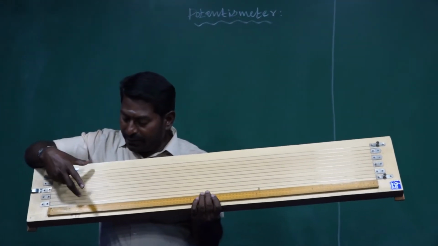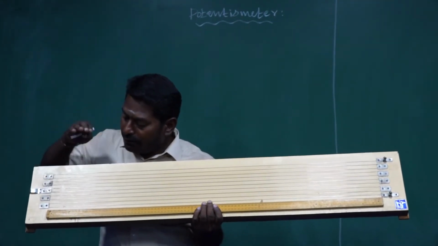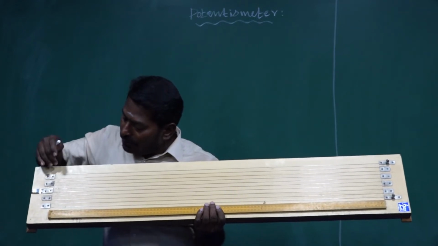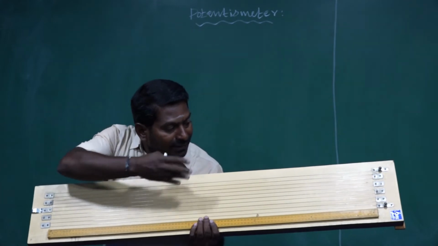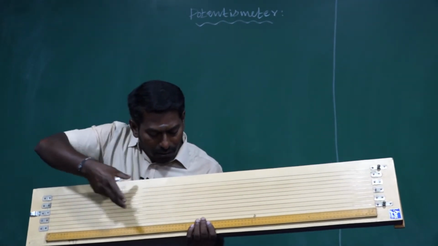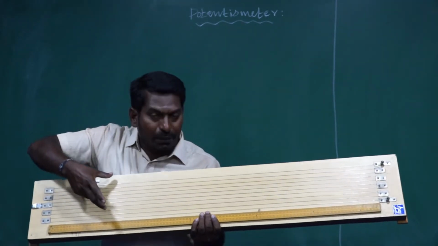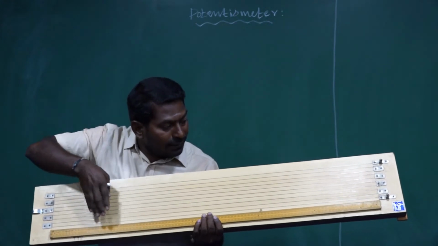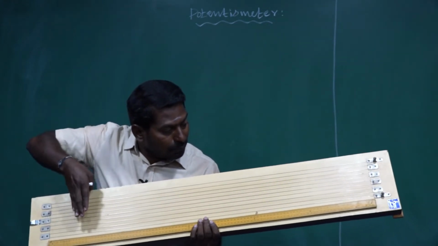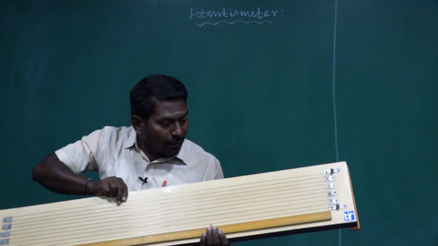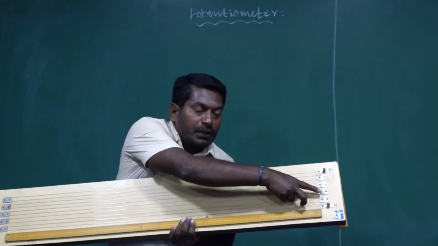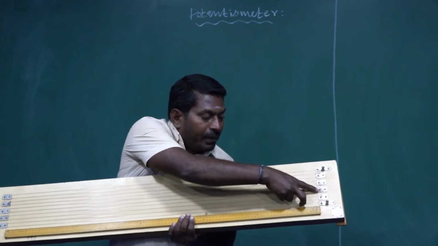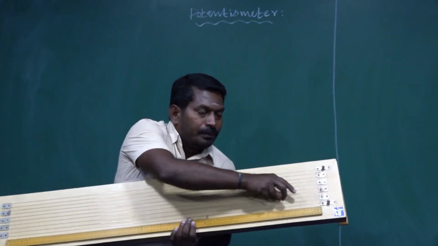All 10 segments are arranged on a wooden board. All 10 segments are fixed on a wooden board parallel with each other. See, each 1 meter length of manganese wire is stretched on a wooden board parallel with each other, and also the ends of the manganese wire are fixed with copper strips with binding screws.